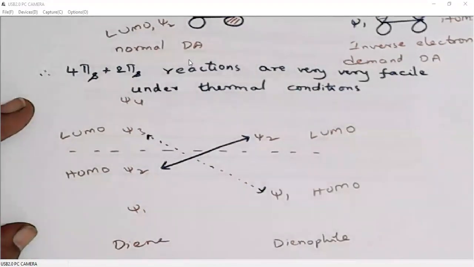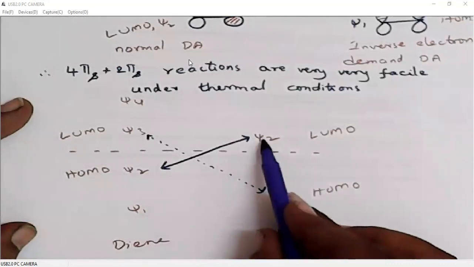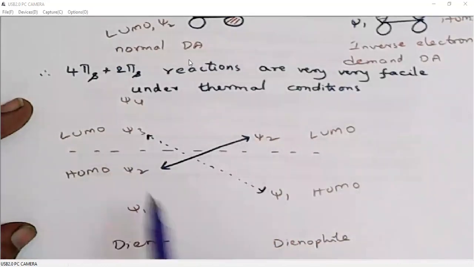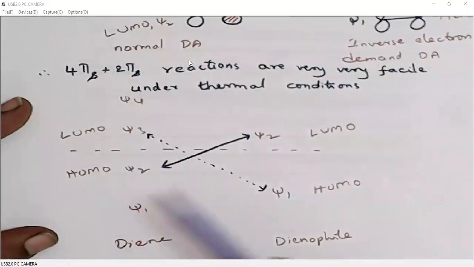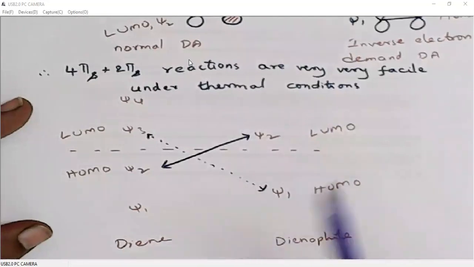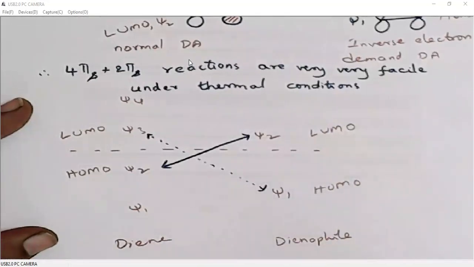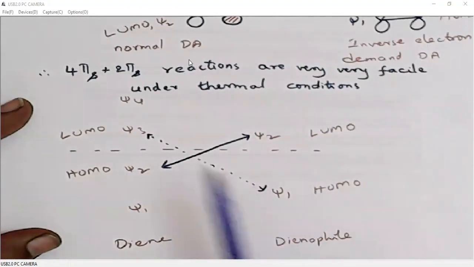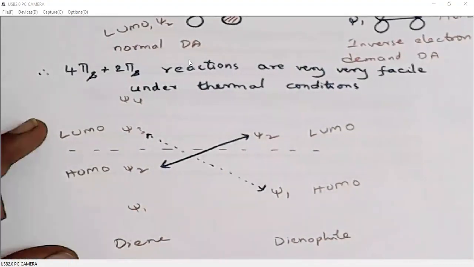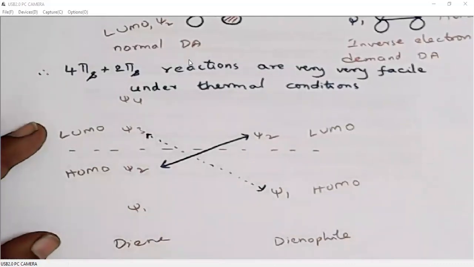The gap between these two is small, whereas the gap between these two is large. That means the energies of the HOMO of the diene and the LUMO of the dienophile are similar to each other, so they can easily approach each other and form a bond between them. Whereas the energy difference between the HOMO of the dienophile and the LUMO of the diene is very high compared to the previous case. Now it is difficult for them to approach each other and have a bonding interaction.